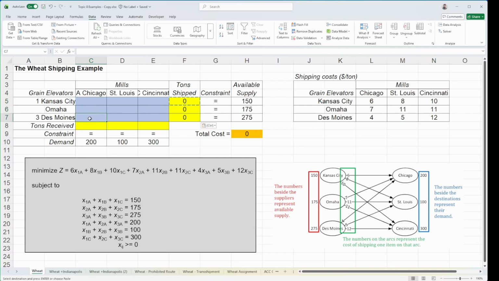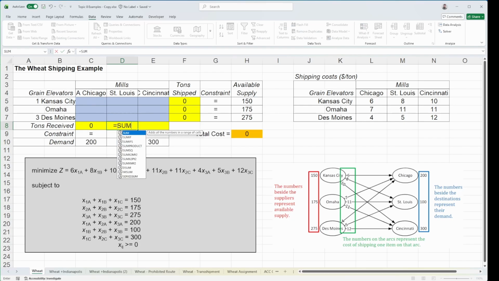Essentially, we just need to do a sum over the 3 variables or the 3 blue cells that are above the yellow cell. Same thing here. So sum of the 3 blue cells that are above the yellow cell.